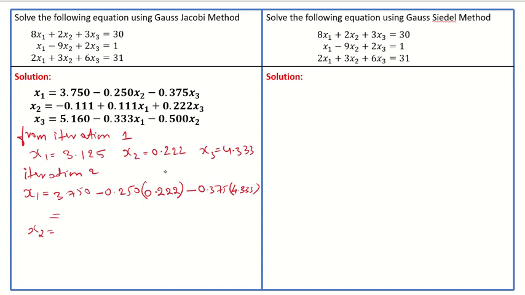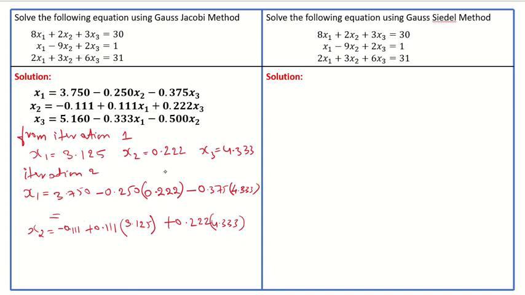Similarly, x2 equal to minus 0.11 plus 0.11 into x1. Now the value of x1 is 3.125, plus 0.22 into x3. x3 is 4.333.